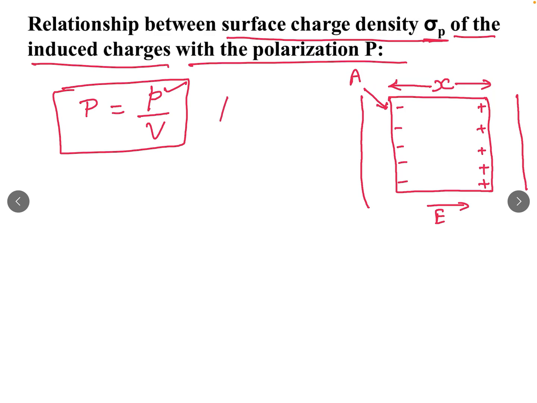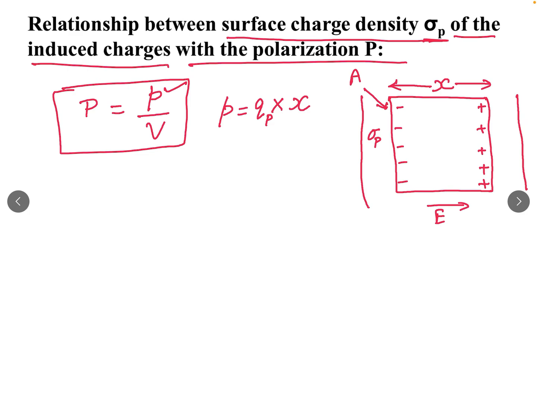If sigma p is the surface charge density, the dipole moment is the charge induced due to polarization multiplied by the separation between them.